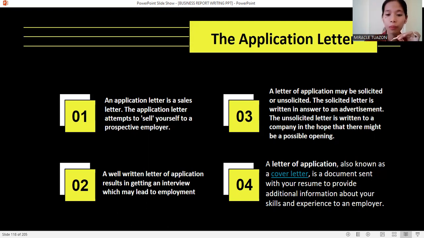So, the document is sent with the resume to provide additional information about your skills and experience to the employer. So that's the purpose of an application letter.